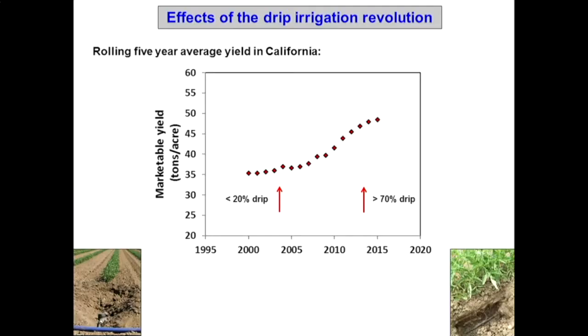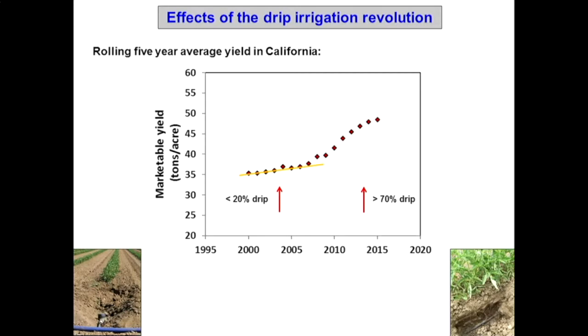Well, if we look at the yields, they have been driven both by genetics, variety improvement, and also by this drip irrigation system. The yields have just gone up. This is the average across the years for California.